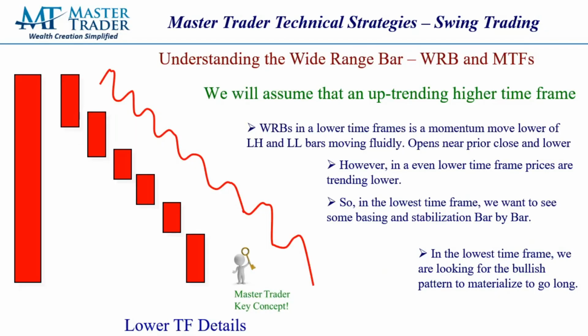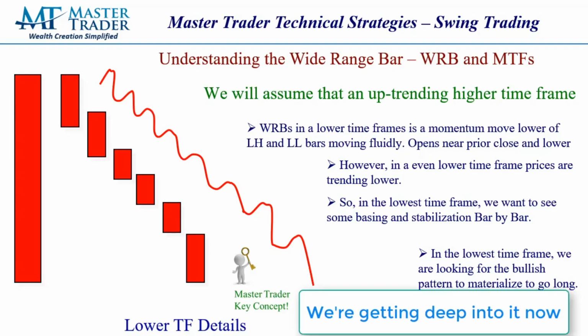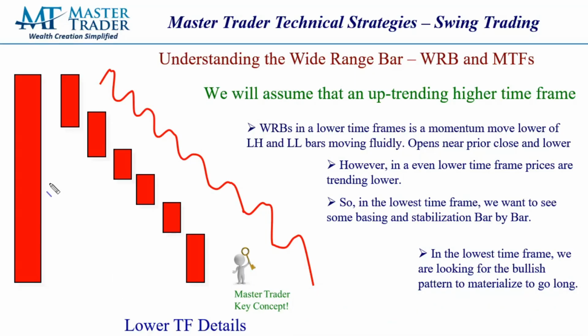Let's continue to talk about these wide range bars in multiple time frames, and looking inside, taking this X-ray. What we're looking at on this slide is this wide range bar. That's obviously one bar. We've compressed what's happened in the smaller time frames into an individual bar. If we break that down, let's just assume that this is the monthly bar, and here we're looking at a weekly bar, or this could be a weekly and a daily, and this could be a 60-minute chart.